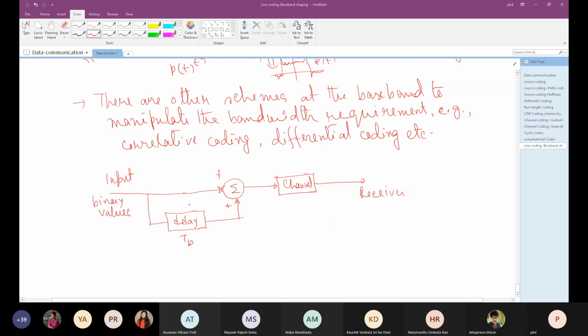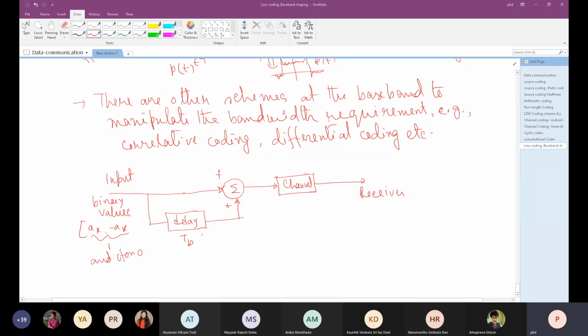Now, what is the purpose of delay and summation? The delay and summation is that if we have binary values like 1, 1 coming consecutively, because we have given unit delay, they will be summed together. Or in case of a polar signal, the input values are distributed, say AK, minus AK for 1 and 0 for 0.